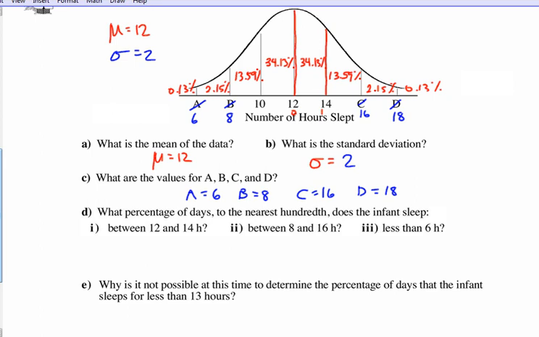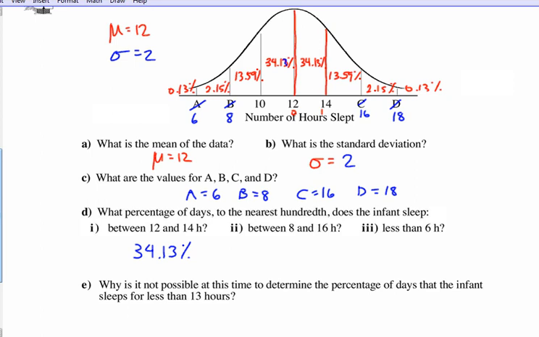So between 12 and 14 would be 34.13%. Between 8 and 16, that's within 2 standard deviations of the mean, right? So that's 13.59 plus 34.13 plus 34.13 plus 13.59.